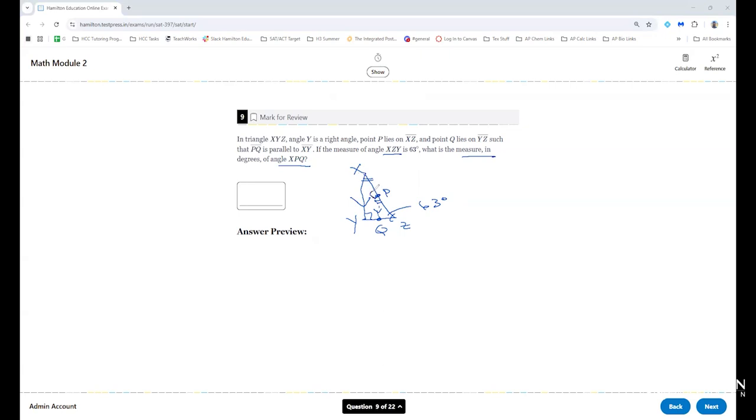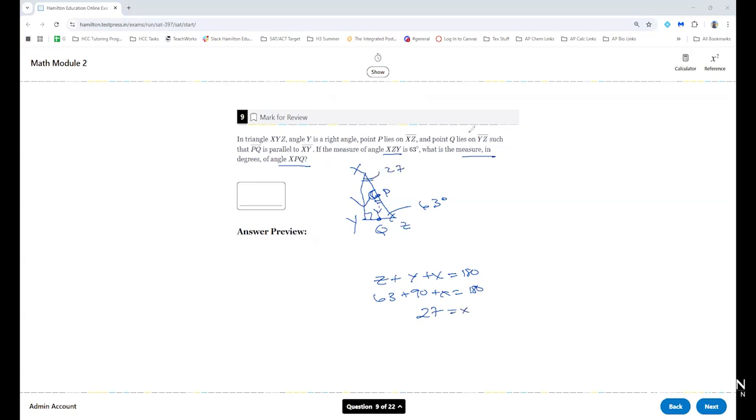So that is this angle here. So what can we do? Well, we know that Y is 90. So Z plus Y plus X is equal to 180. And Z is 63, Y is 90. So then what does X have to be? If you said 27, you are correct.